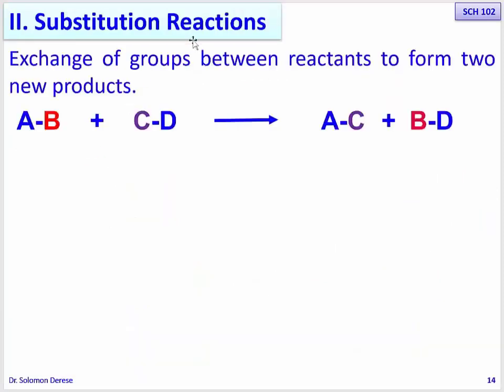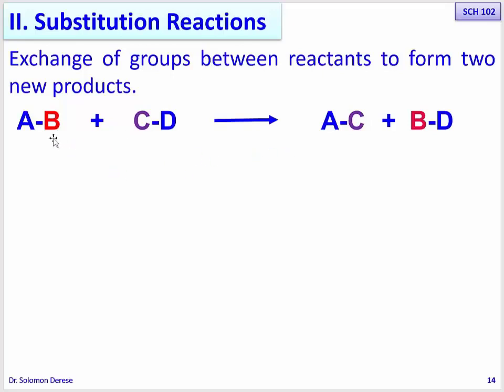In a substitution reaction, as the name implies, there is basically an exchange of groups between the reactants as they form product. For example, when you react compound AB, which has a bond between A and B, with CD, which has a bond between C and D, what happens during the course of this substitution reaction?